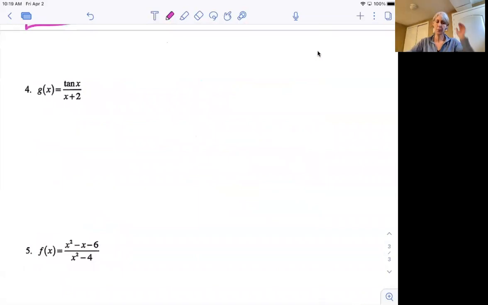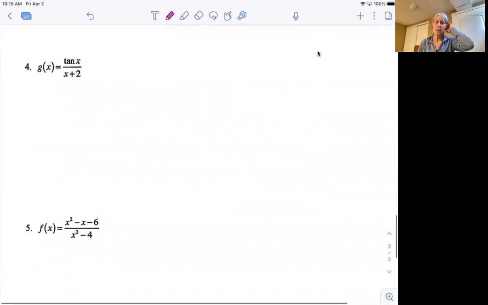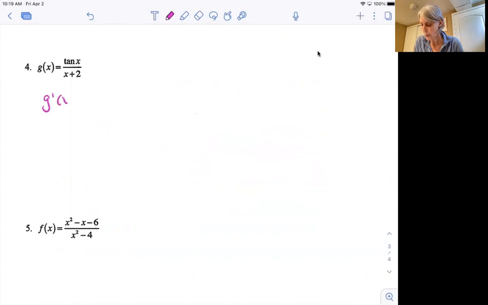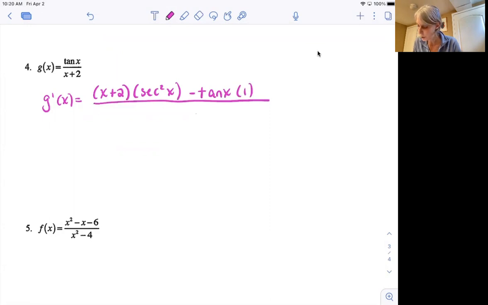Let's use this now. So in example 4, g of x equals tan x over x plus 2. Okay, no big deal. G prime is going to be the bottom function times the derivative of the top. We don't have to go through all the nonsense. We know it's secant squared x from the example above, minus the top function times the derivative of the bottom over the bottom function squared.